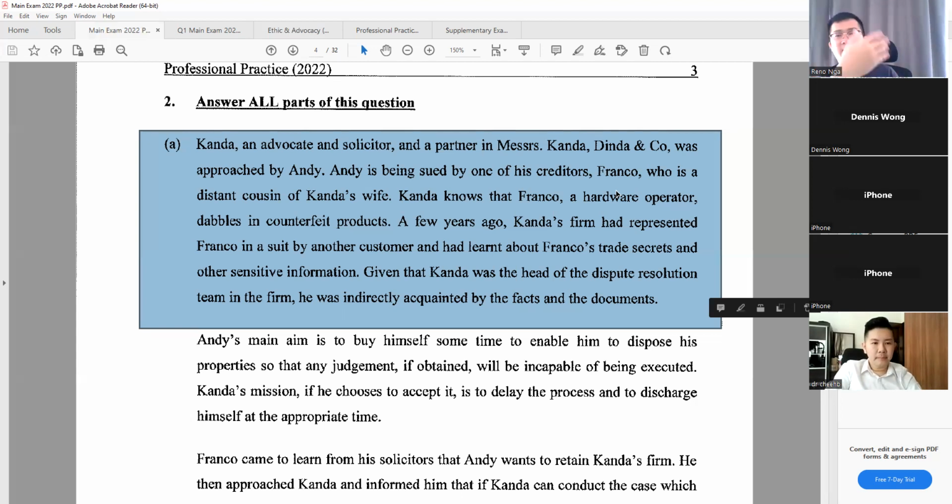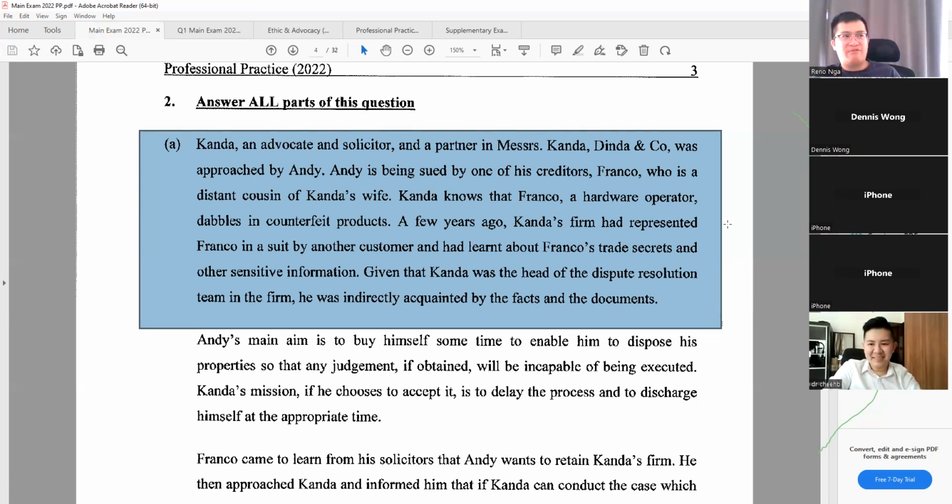So basically, they are saying K represents A because A was sued by F. So this F was previously K's client, so K in a way has some information from the previous transactions. Using common sense, we know. Like I said, professional practice is more about morals, whether a lawyer has morals or not, although a lot of people don't.